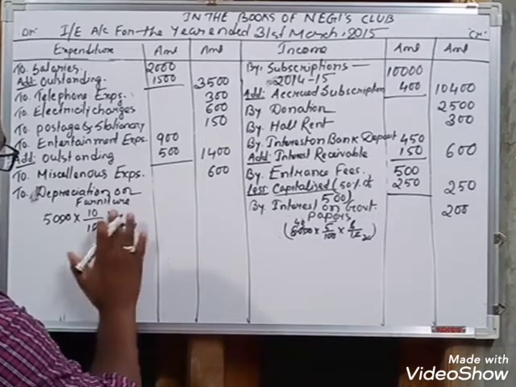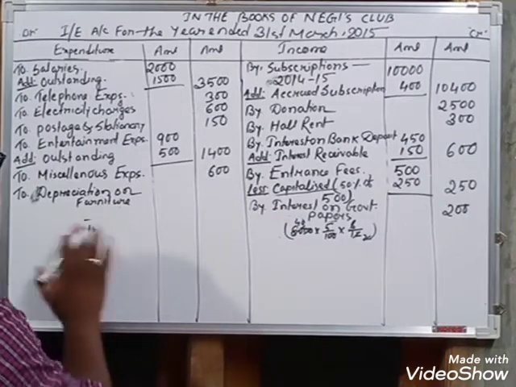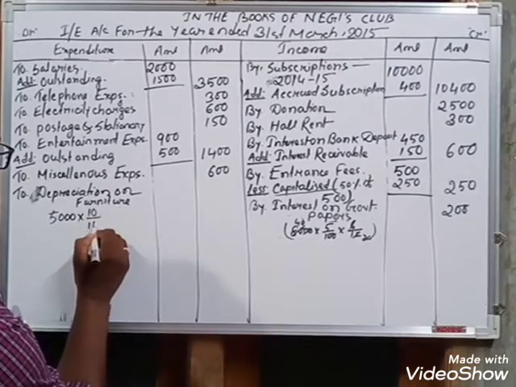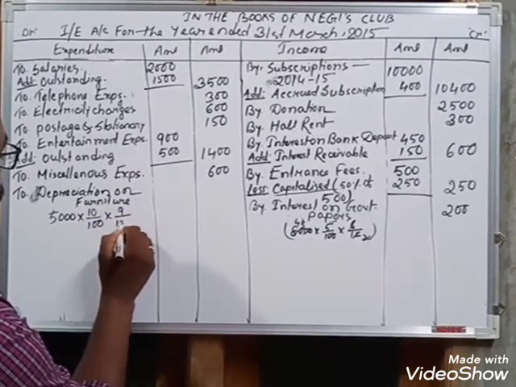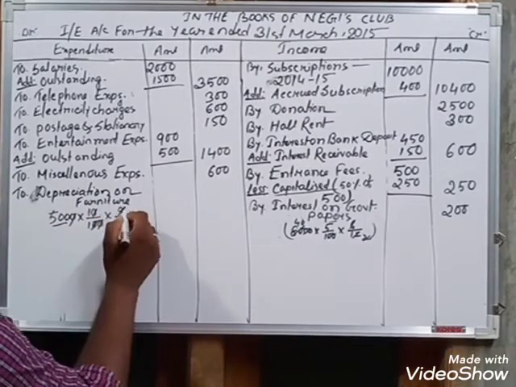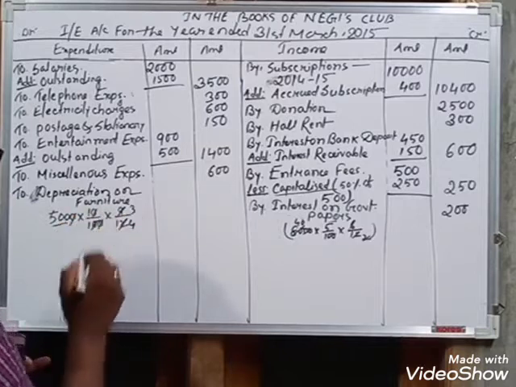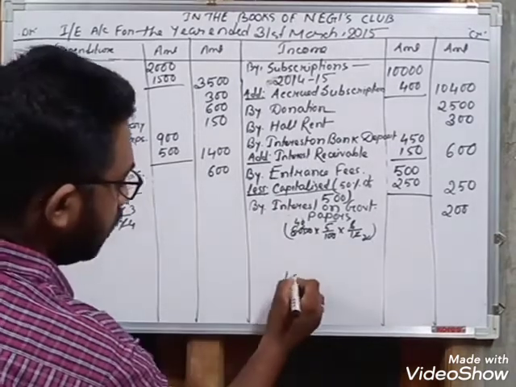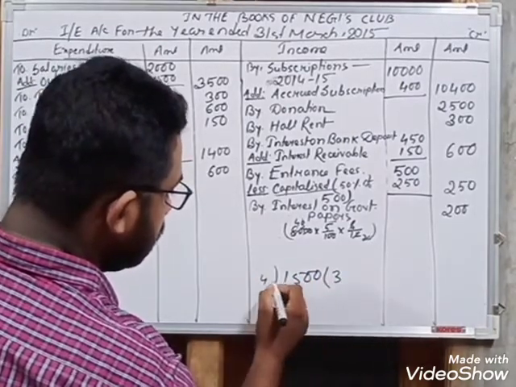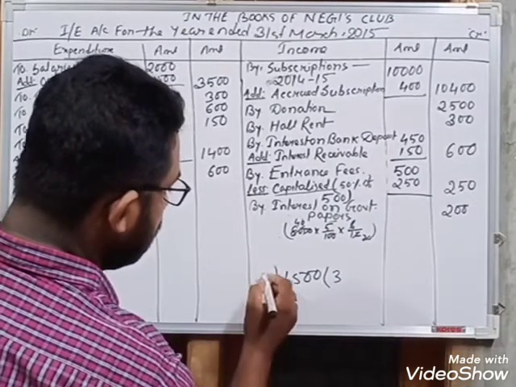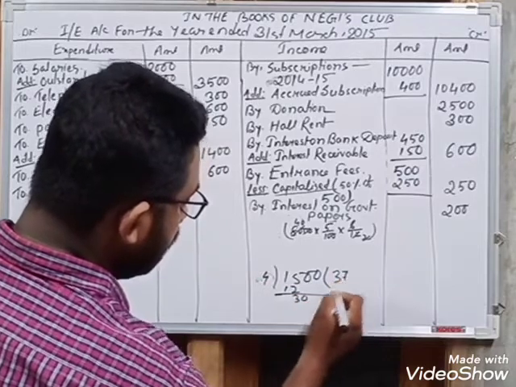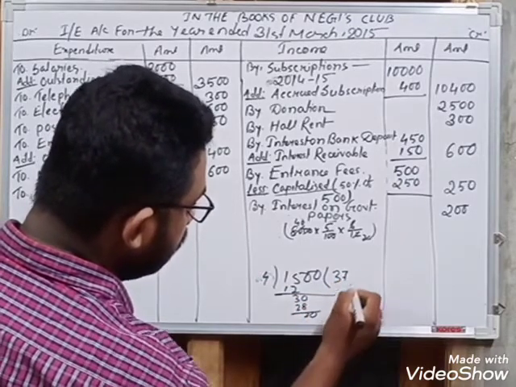So I have a simple way. 5,000 into 10 by 100 into 9 by 12. Cancelling zeros, here 500, 3, 4. 500 into 3 is 1500, and 1500 divided by 4 gives 375.